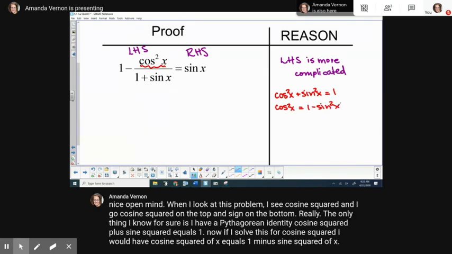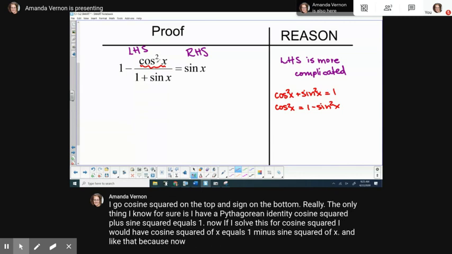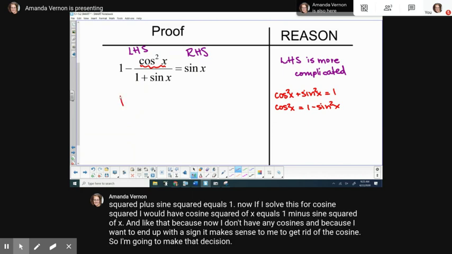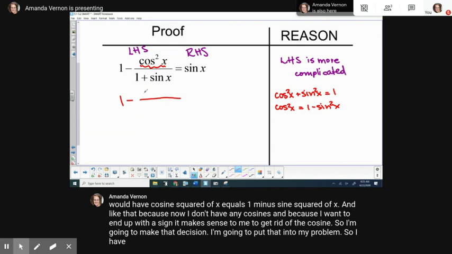I like that because now I don't have any cosines, and because I want to end up with a sine, it makes sense to me to get rid of the cosine. So I'm going to make that decision. I'm going to put that into my problem. So I have 1 over 1 minus sine squared of x, all divided by 1 plus sine of x.